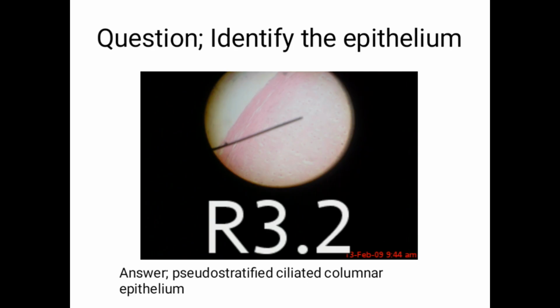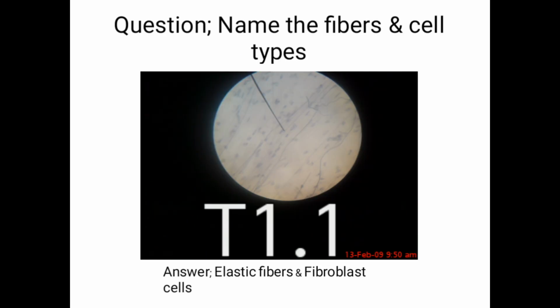You find cilia on their apical surface, and the nuclei are at different levels. This is one of the reasons why it's a fake stratification. Because the nuclei are at different levels, it looks stratified, whereas it is not. It's just one layer of cells.